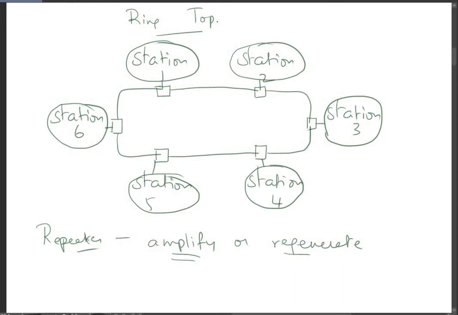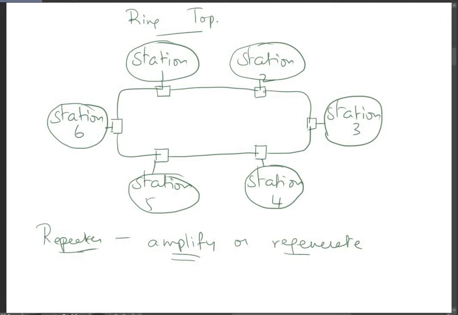So here also, to remove that problem, we are using repeaters to amplify or regenerate the signal. You can see every station, every device or every node has a repeater. When any device receives a signal which is intended for the other device, suppose you want to transmit a message from station 1 to station 2.